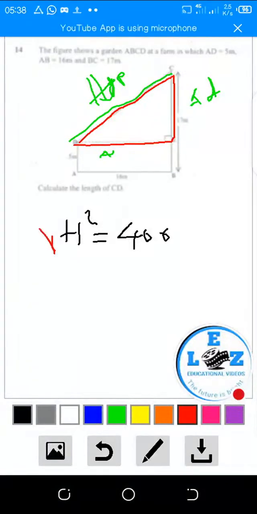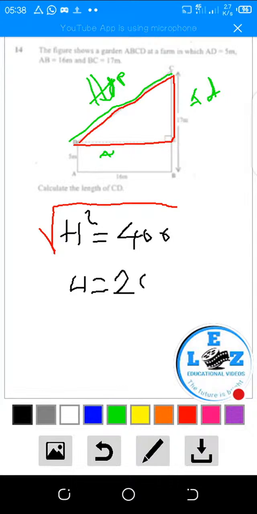The square root of h squared is h, which is equal to the square root of 400, which is 20. So the length of h, which is the hypotenuse, is 20 meters, meaning CD is equal to 20 meters.